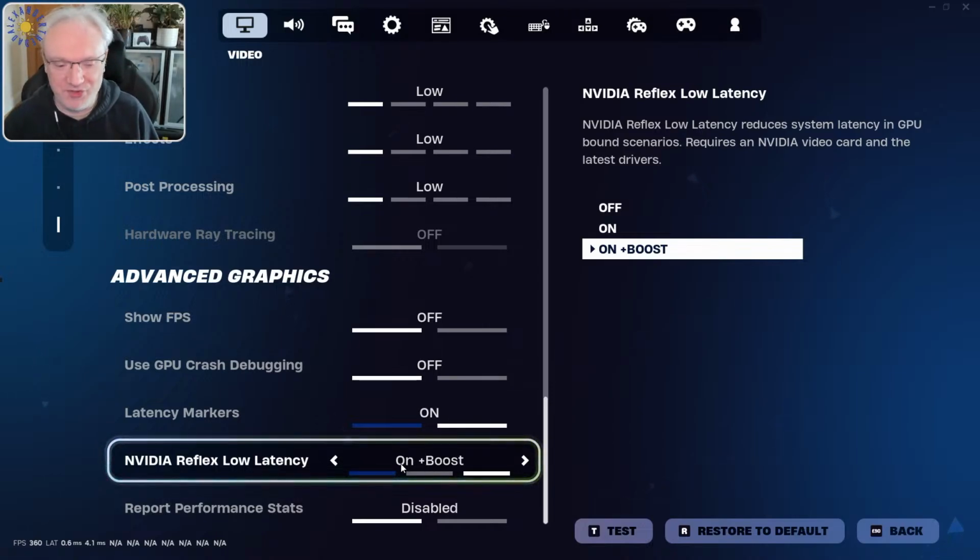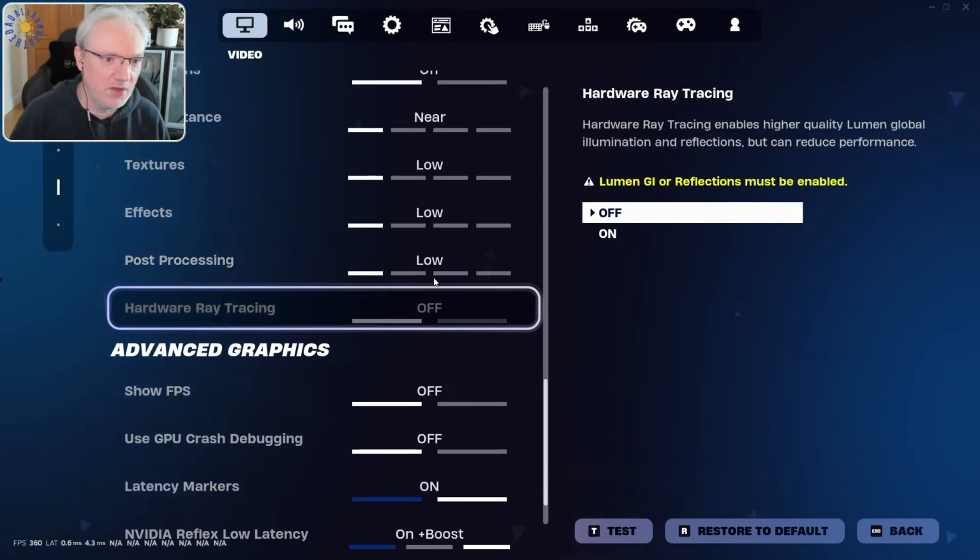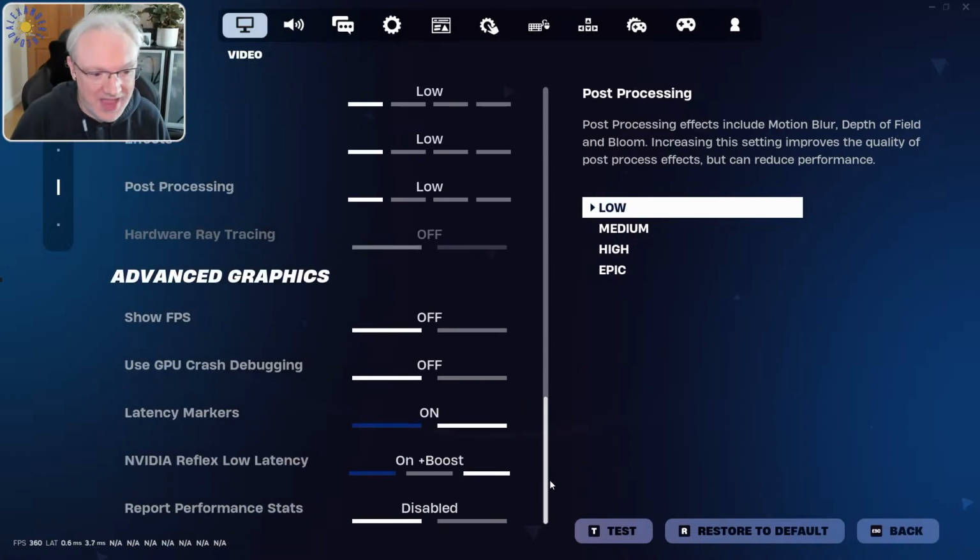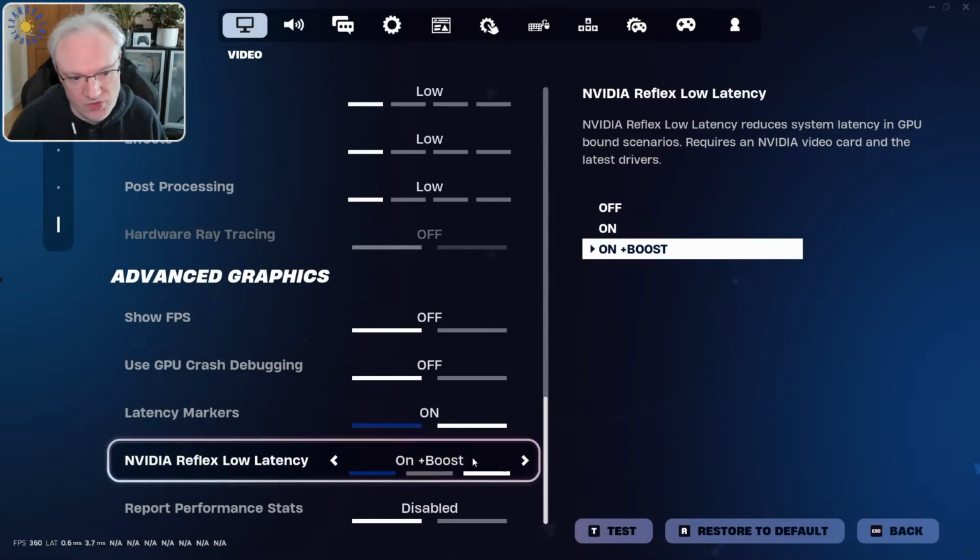People that are telling you, oh, it's only if you get 97% GPU utilization you should use this, it's total nonsense. Turn it on always. You will get a little bit of FPS drop, but you will get a big latency boost. So ignore YouTubers that are doing this misinformation nonsense. Always have on plus boost. You will get the lowest latency with that. And that includes performance mode. So that affects DX11 and DX12, not just DX12.